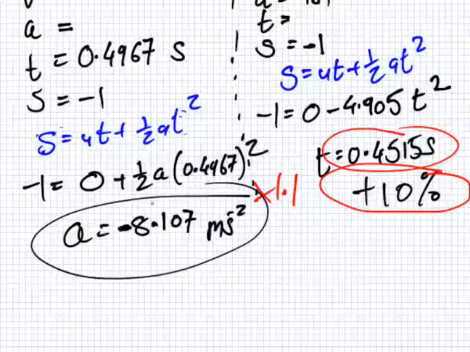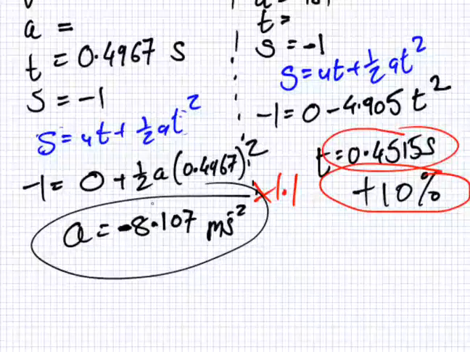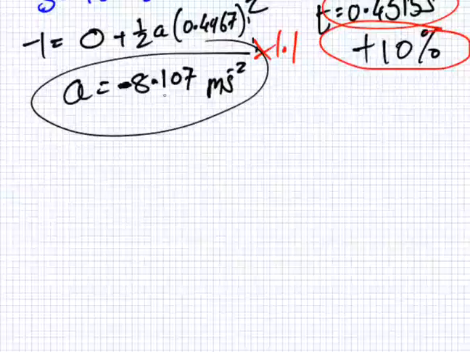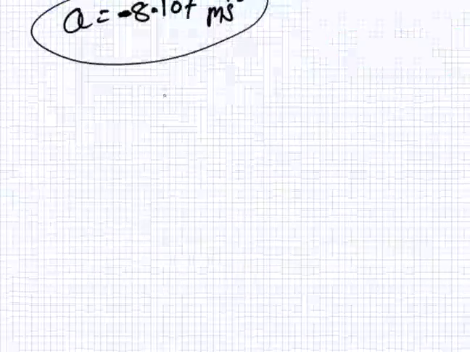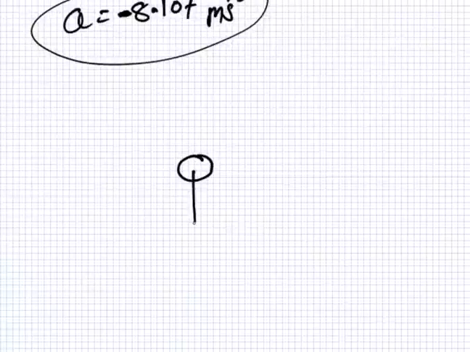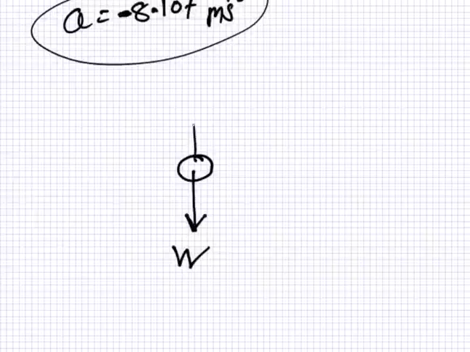So I get my A. A is minus 8.107 meters per second squared.